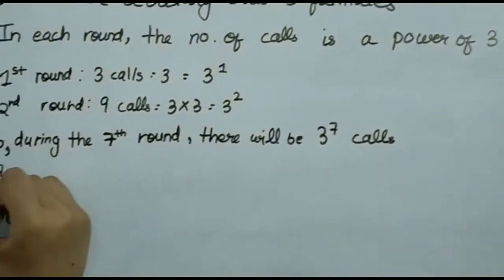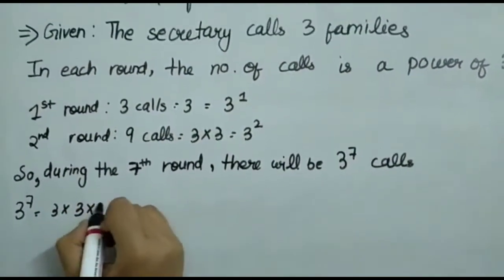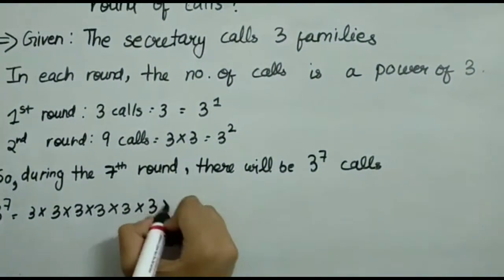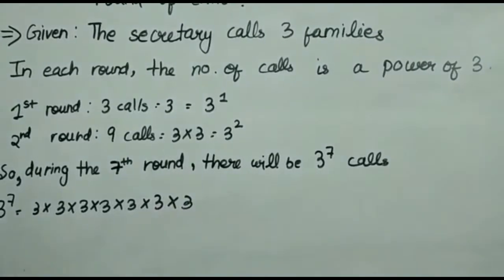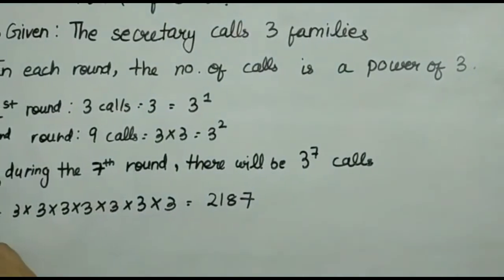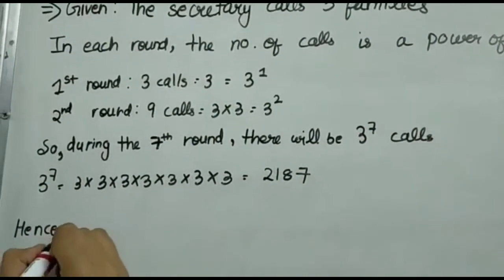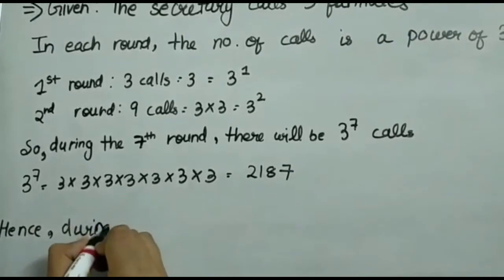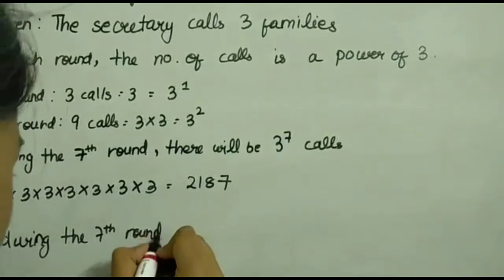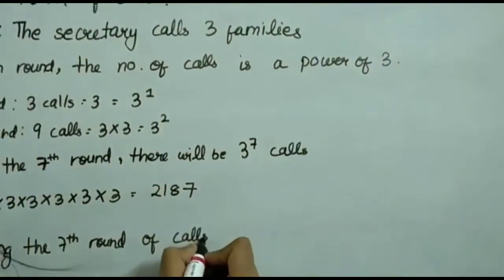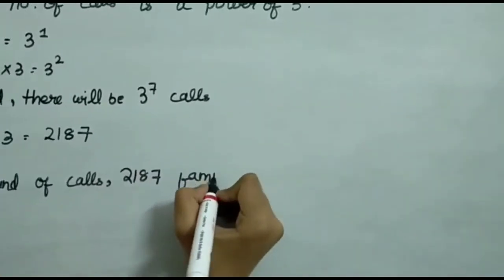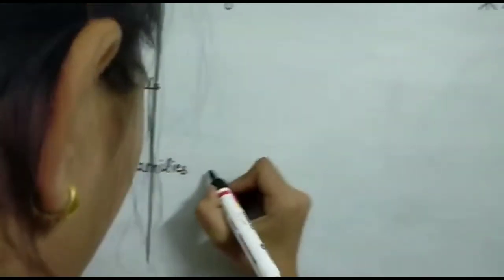So 3^7 equals 3 × 3 × 3 × 3 × 3 × 3 × 3, that is 3 multiplied by itself 7 times, which equals 2187. So hence during the 7th round of calls, 2187 families will be notified.